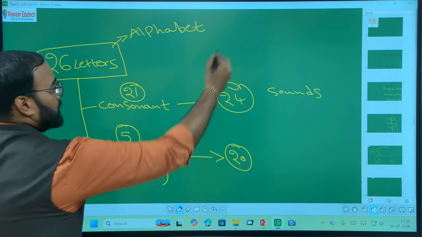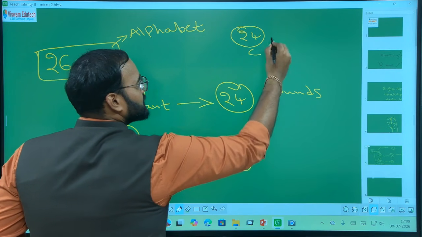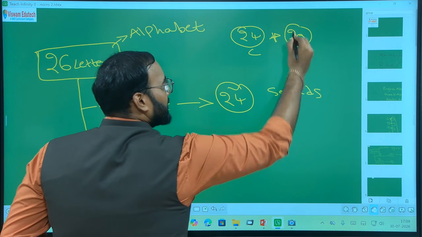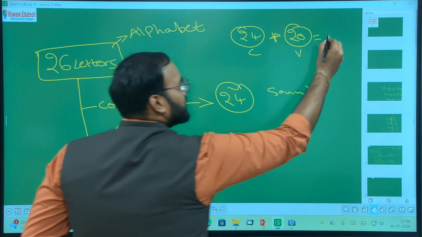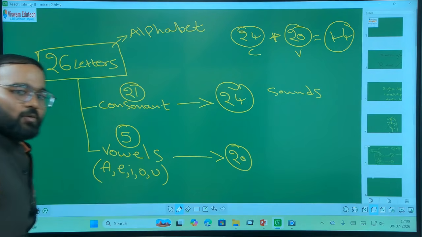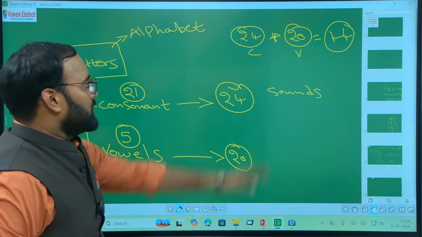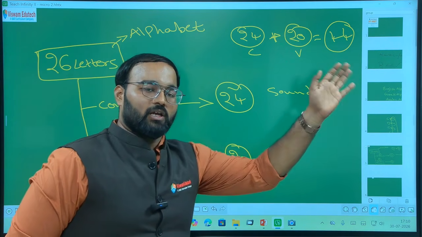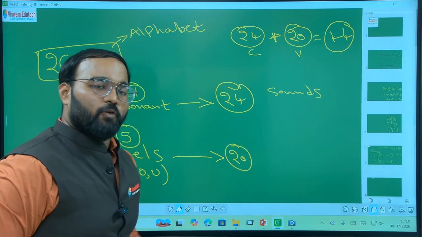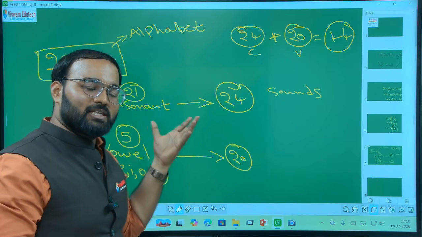Together, 24 sounds made by consonants and 20 sounds made by vowels, we have 44 phonetical sounds, right? So we have 44 phonetical sounds in British phonetics. These 44 phonetical sounds are derived from the 26 letters of the alphabet.